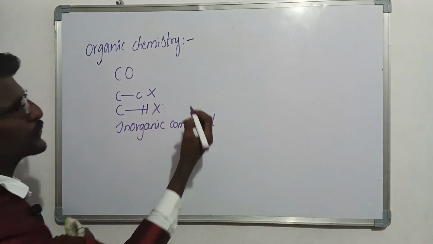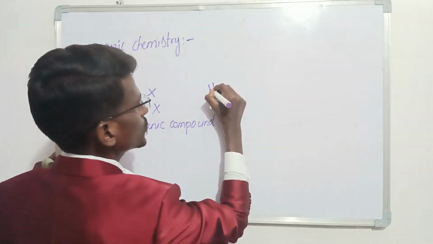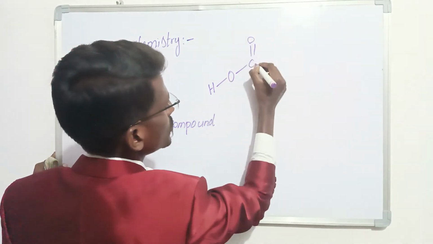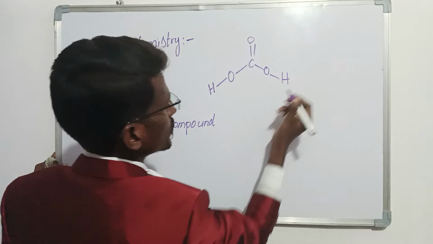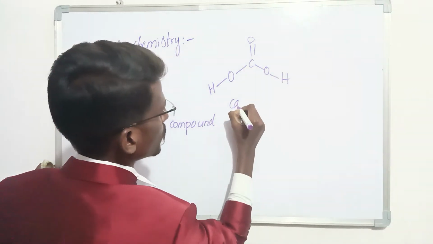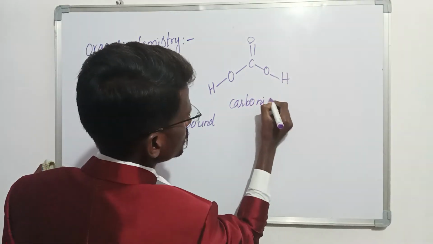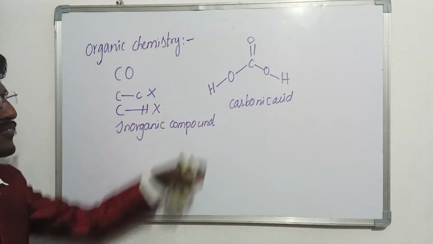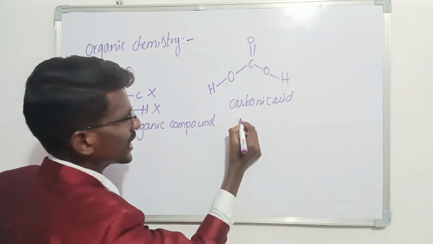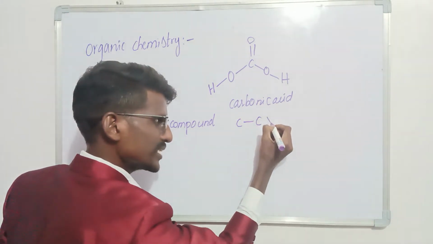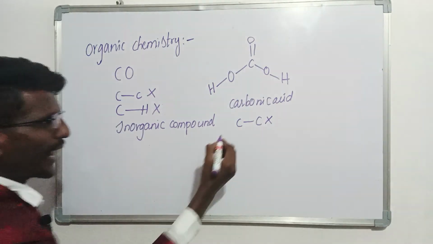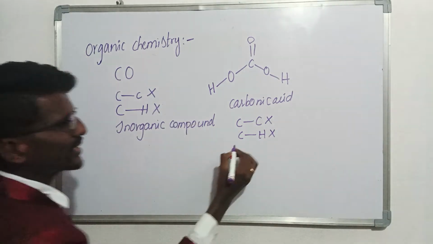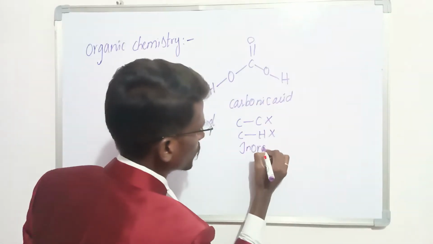Then coming to H2CO3, called carbonic acid, it does not contain any CC bond. CC bond is not there, and CH bond is not there. Hence, it is an inorganic compound.